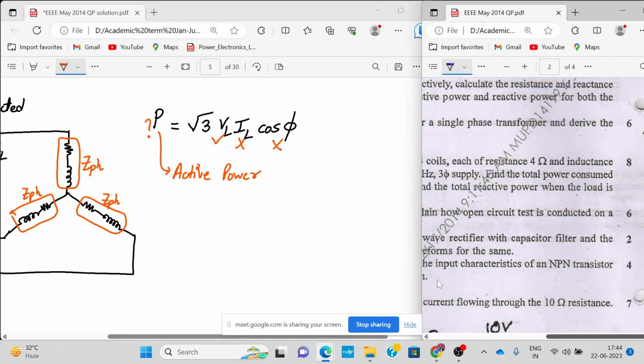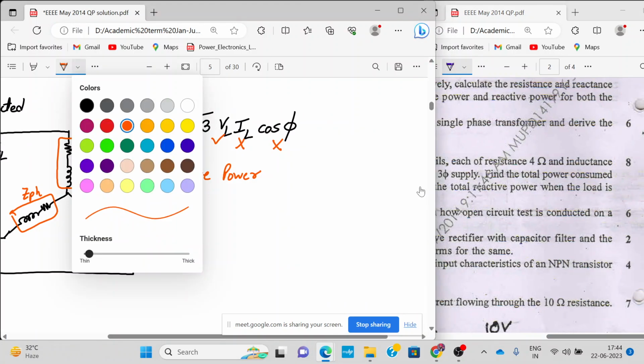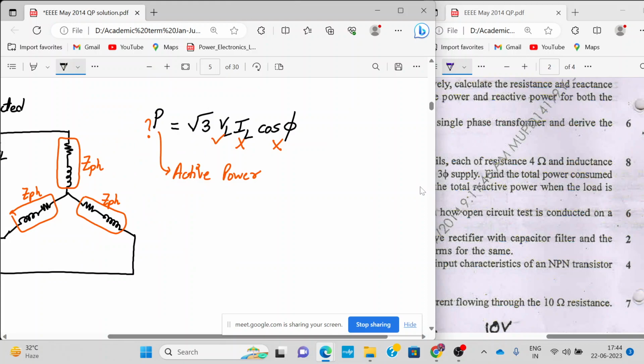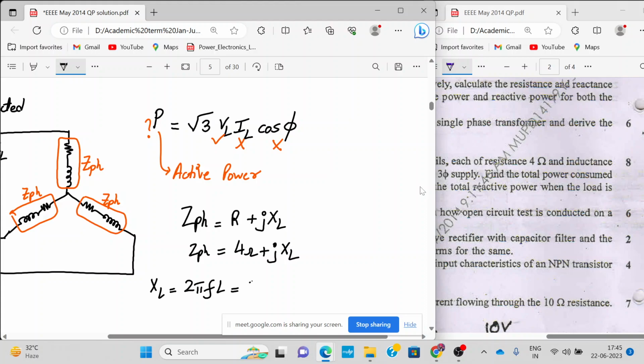Here, the resistance of each coil. Let's say your Z phase is actually R plus jXL. Now what's the value of R given to you? R is given as 4 ohm plus jXL. XL, how do you calculate? 2πFL. So 2π, F is 50, L is how much?